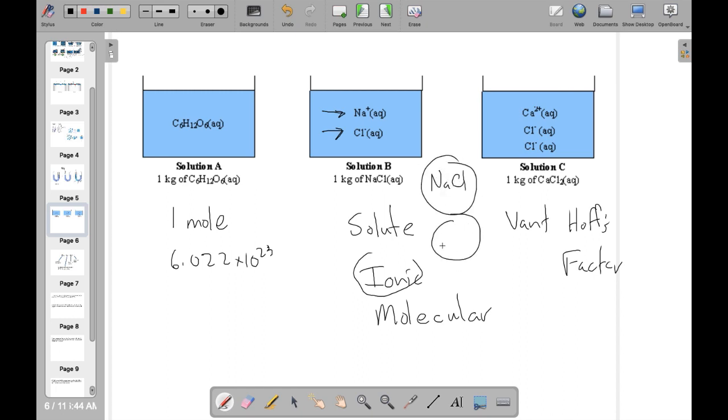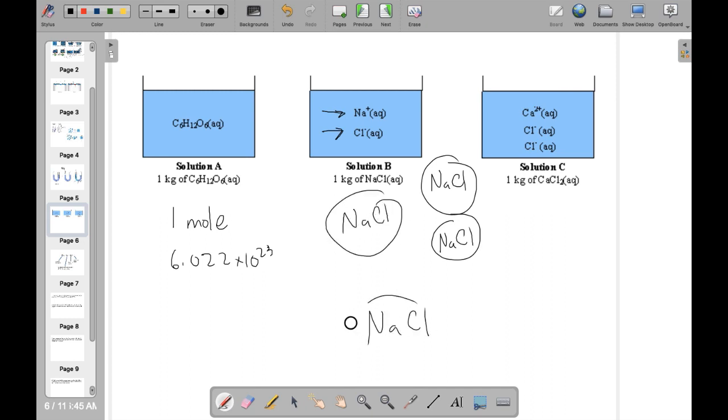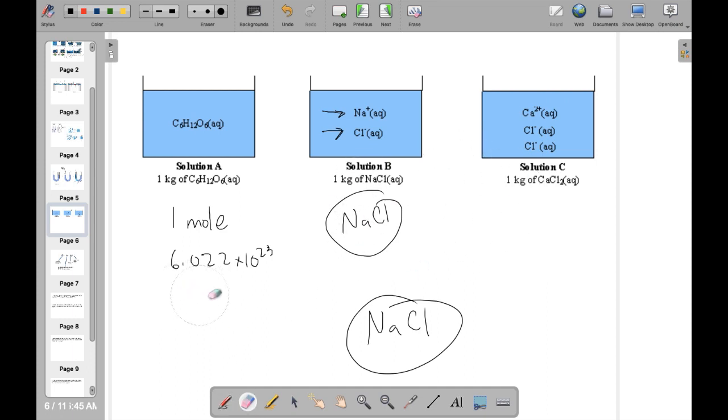I obviously am just not drawing to scale. It's actually a formula unit, but anyway, these all break apart. Fine. Let's just pretend I have an NaCl here, which wouldn't happen, but you're thinking, okay, fine, I have 6.022 times 10 to the 23rd salt particles floating around.